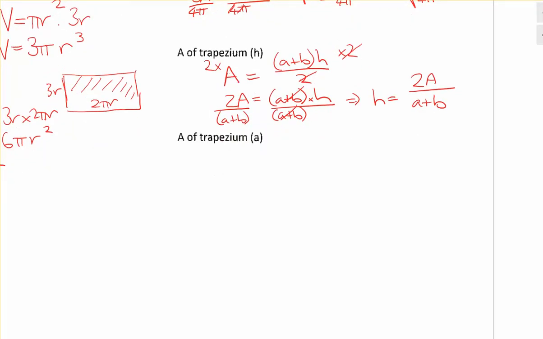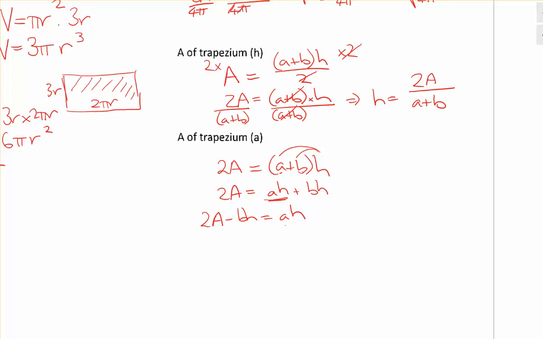Right, same formula, so we'll go for the same start by multiplying both sides by 2, but this time because we want a out of that we're going to have to start by expanding. Now we want the a term, so we'll get rid of the bh, and then we'll divide both sides.